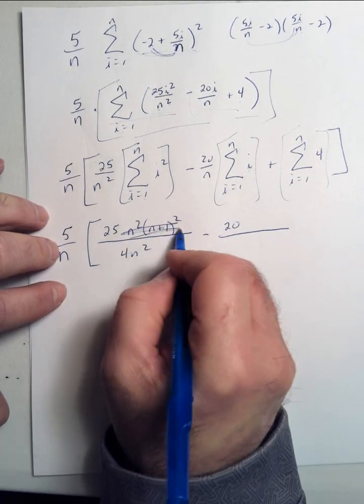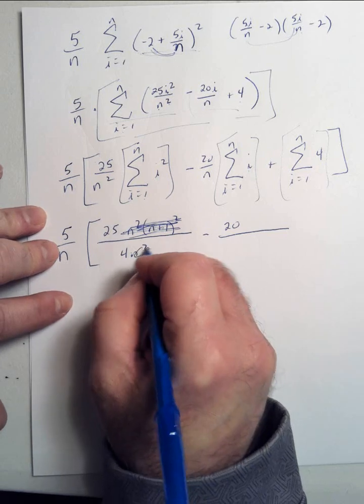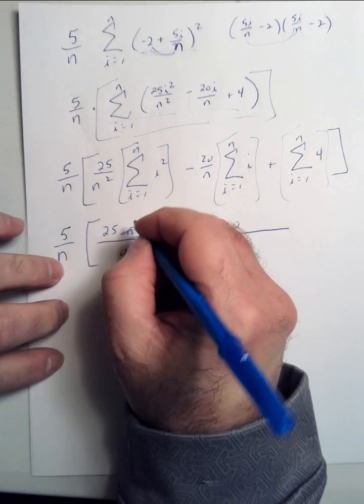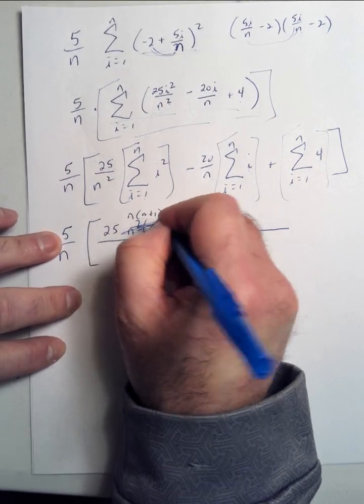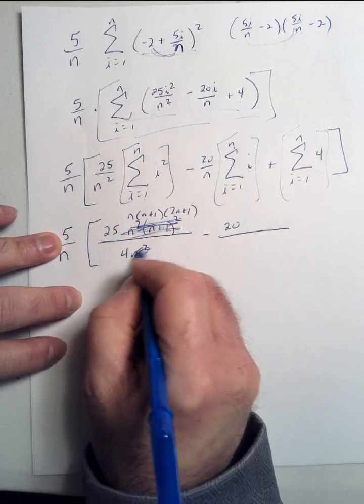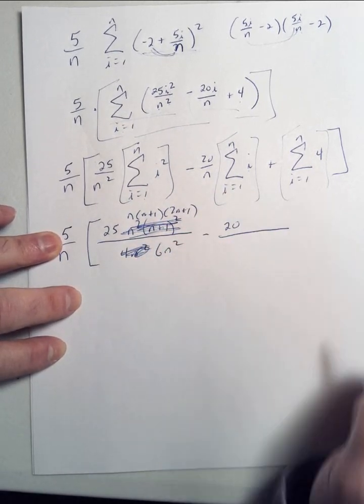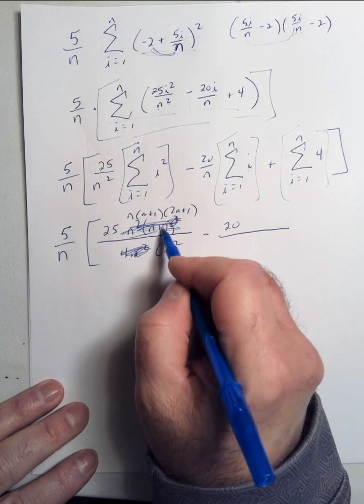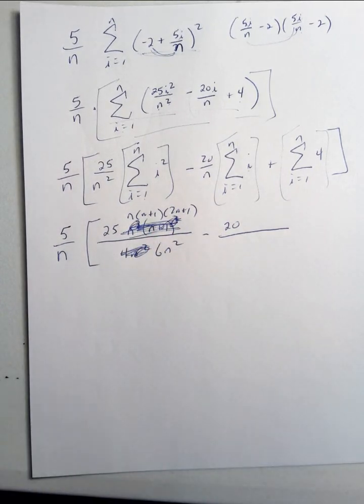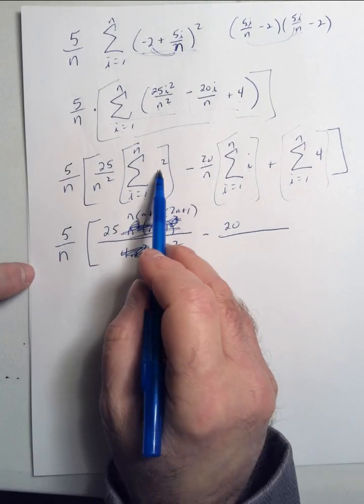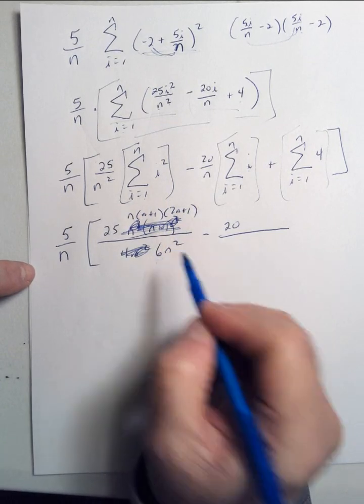This is not the right formula. I don't want to have to restart this whole thing. Again, the formula for i squared is n times n plus 1 times 2n plus 1 over 6. So some of you are probably watching and going, no, that's not right. And it's not. Sorry, that was the i cubed formula.